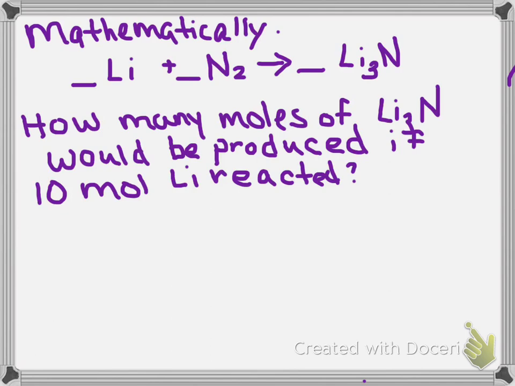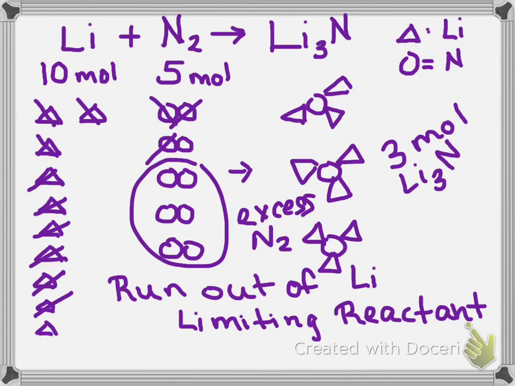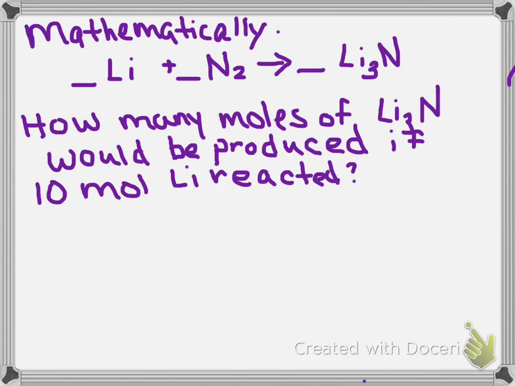I might ask you, how many moles of lithium nitride would be produced if 10 moles of lithium reacted? If I start with 10 moles of lithium, mathematically, what is my mole map and my dimensional analysis going to tell me? How much lithium nitride can I make?